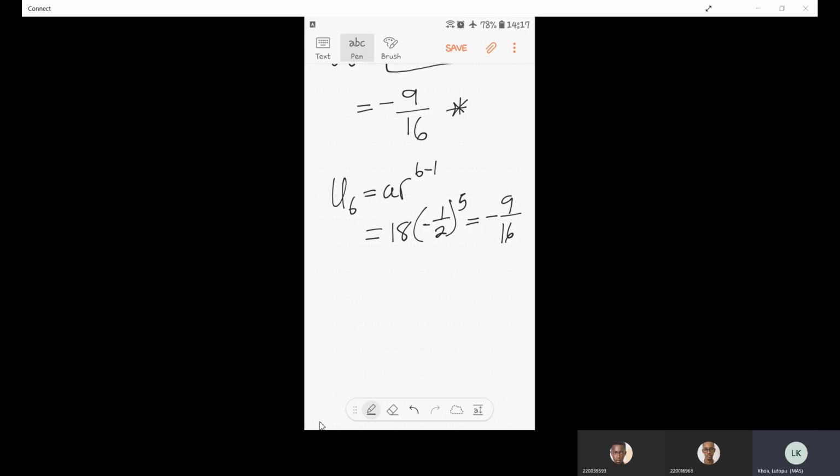And number 4, we have to find the sum of the first 10 terms if we're given the 6th term and the 7th term.